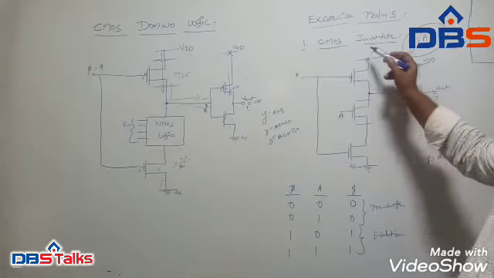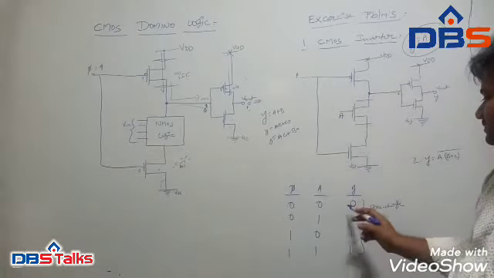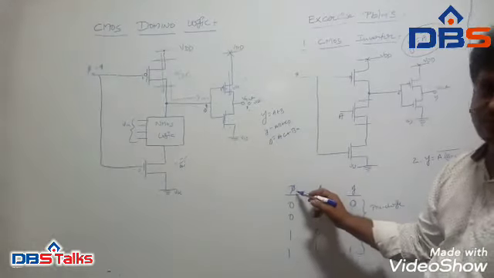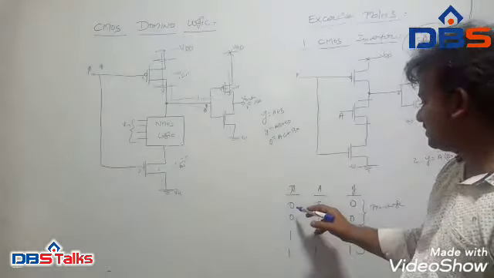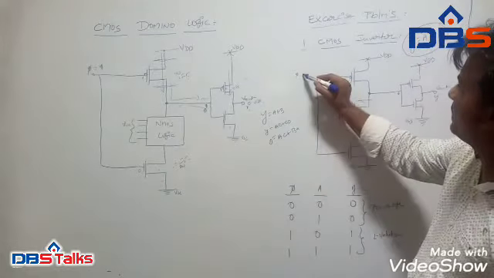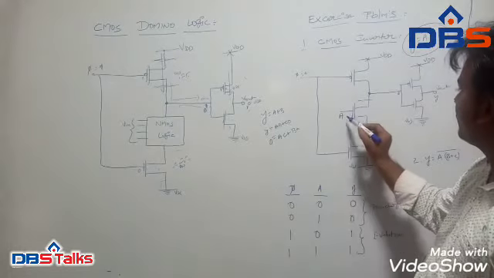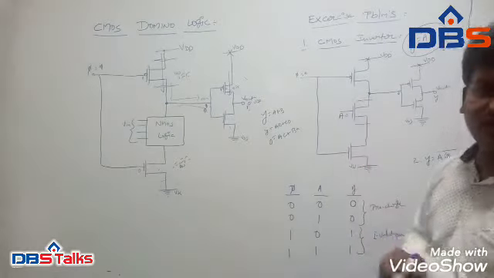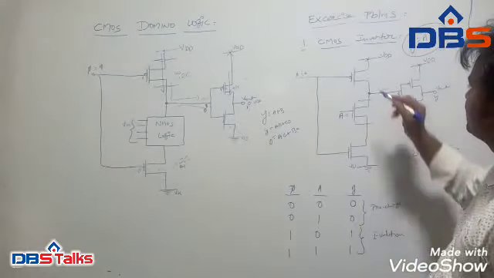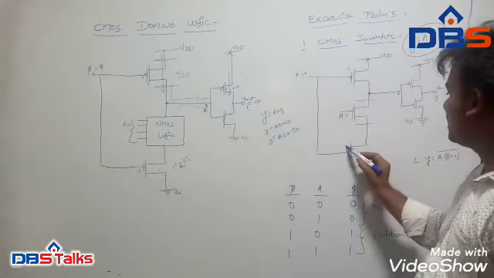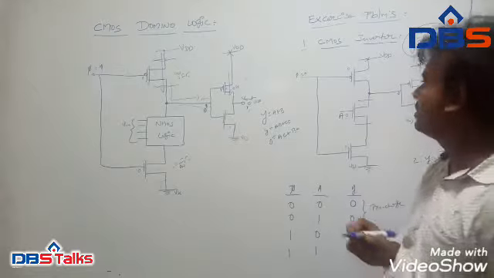Here the operation of the circuit will be explained using this truth table. Whenever Pi is equal to 0, we apply A also 0. So the PMOS input is 0 and the NMOS input is also 0.